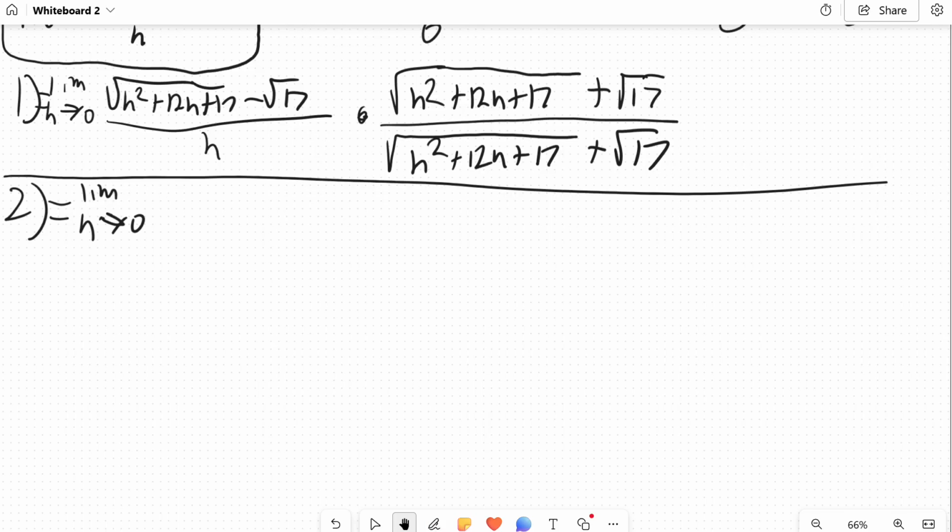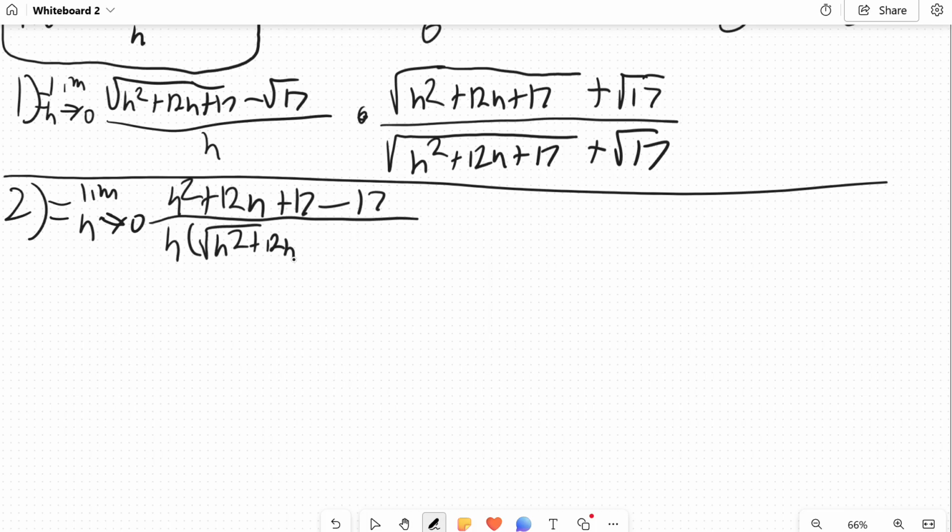Our square roots cancel out, and we are left with h squared plus 12h plus 17 minus 17 over h, parentheses, square root of h squared plus 12h plus 17 plus square root of 17.